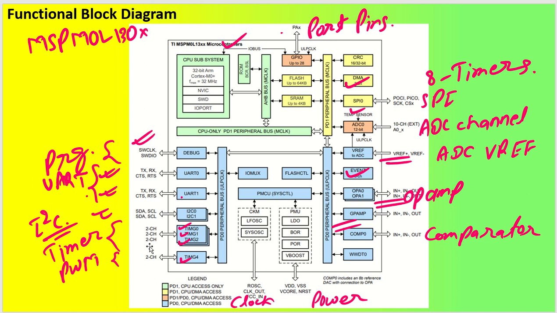Then we have timers, and each timer has two channels, timer 0, 1, 2 and timer 4, so a total of 8 channels will be there, which will give us the PWM as well. Then you have clock input output, which is ROSC clock input output. We have the power supply, which is VDD, VSS and VCORE, and it has NRST, that is the reset pin functionality.